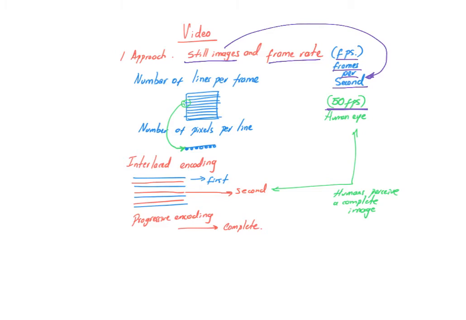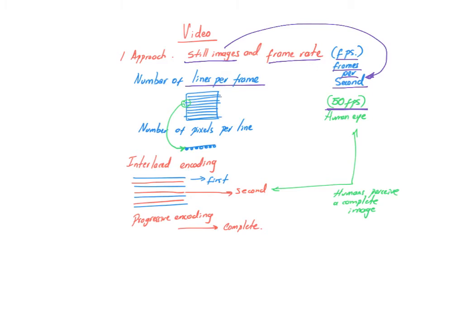Now, how is the image actually made? To know that, you first need to understand how you code that into bytes. You need to define how many lines per each frame you're going to reproduce on the screen.